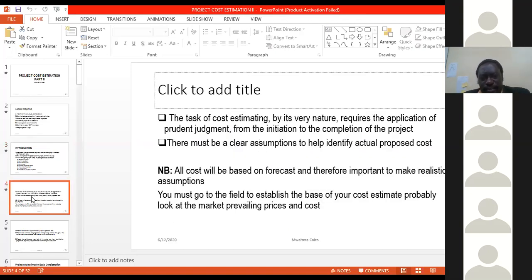So that is a very important point you should know. We also say the task of cost estimation by its very nature requires the application of prudent judgment from the initiation to the completion. So there must be very clear assumptions regarding the cost. All costs will be based on the forecast. Therefore, it is important to make realistic assumptions. You must go to the field to establish the base.